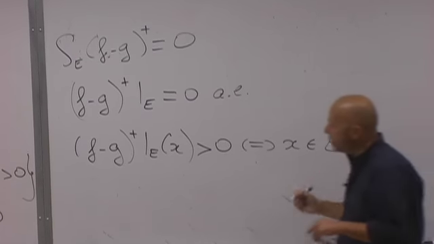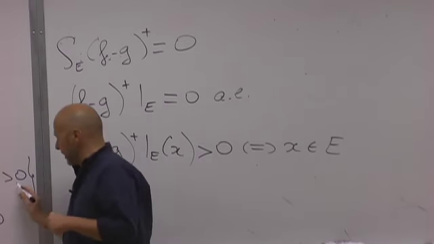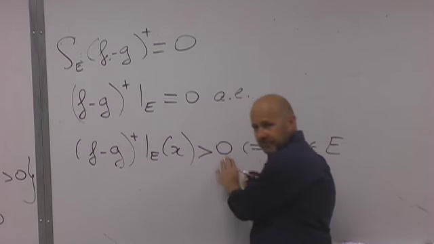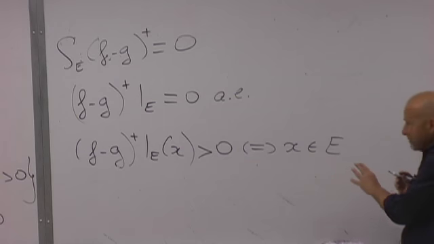Because if x belongs to E, it means that this guy is strictly positive, and so I have a product of two strictly positive numbers, and it's strictly positive. That's the only one.